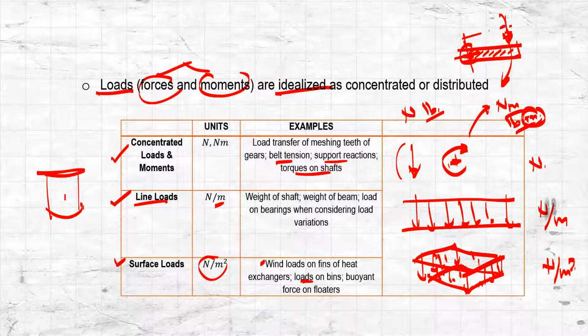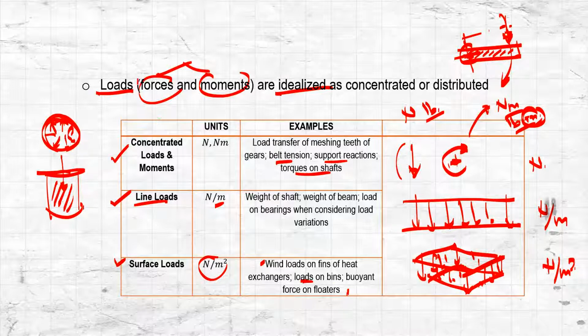Since it's actually an area right here, if we check the top view, since we have, let's say, a grain or a granular material right here, then of course there's going to be a force distribution. And since this is a wall, then that's an area. Another example is the buoyant forces on floaters. So it's just area.